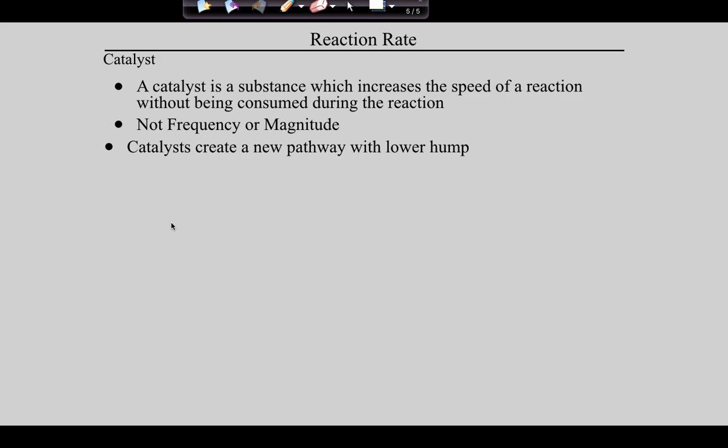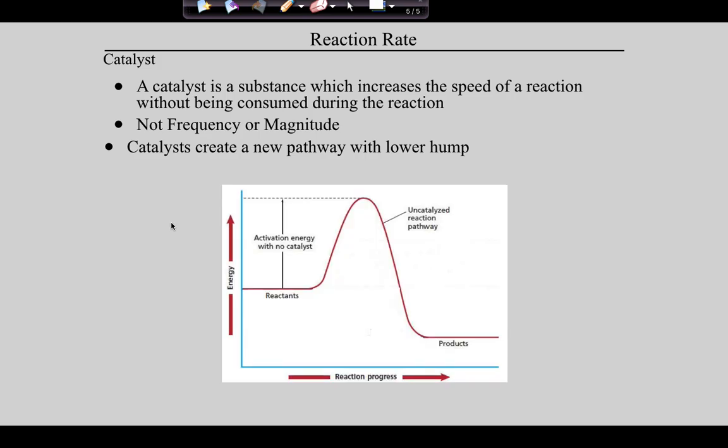Guys, catalysts actually create what are called new reaction pathways. And these reaction pathways have a lower hump. It's like taking a bulldozer and knocking down Point of the Mountain. Now you don't have to have as much energy to get to Salt Lake because the hump is lower. So guys, if you would go back then, please, to this drawing, draw in a new pathway that has been catalyzed.